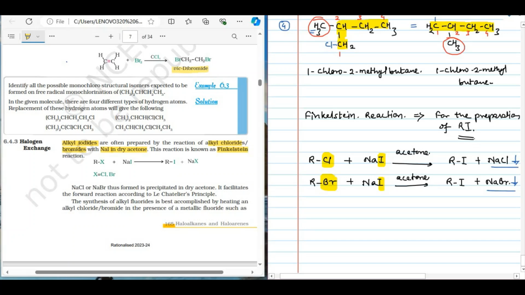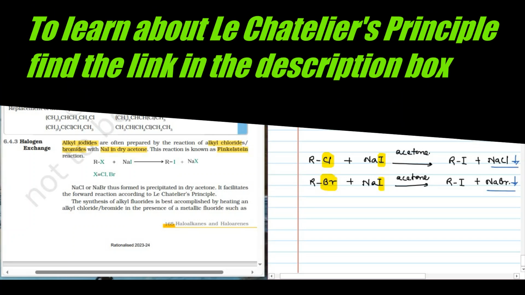As you have learned in the chemical equilibrium chapter of 11th standard, because NaCl and NaBr will be removed in the form of precipitate, that's why it favors the forward reaction according to Le Chatelier principle. So let's read from the book. NaCl and NaBr thus formed are precipitated in dry acetone. It facilitates forward reaction according to Le Chatelier principle.